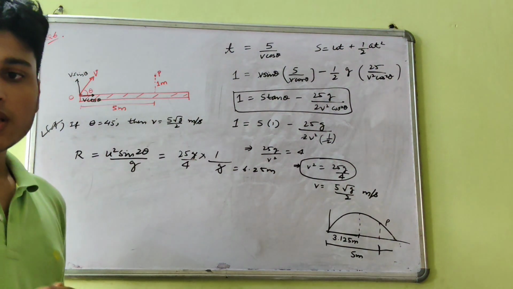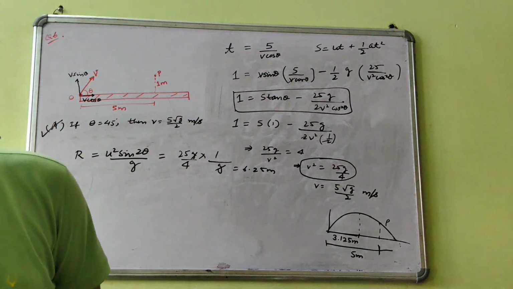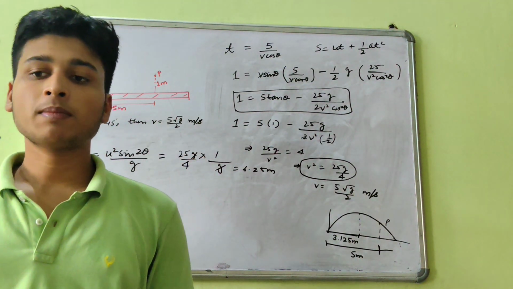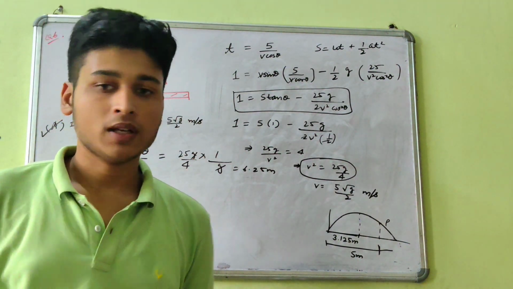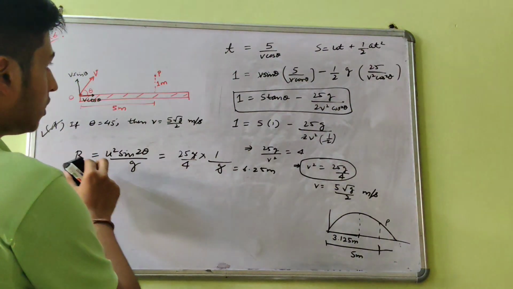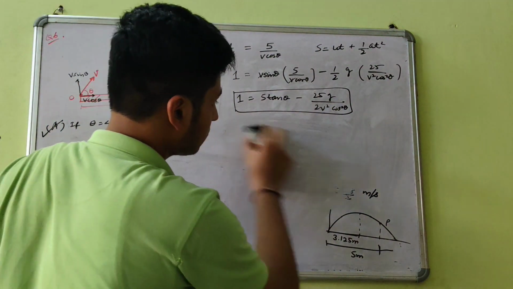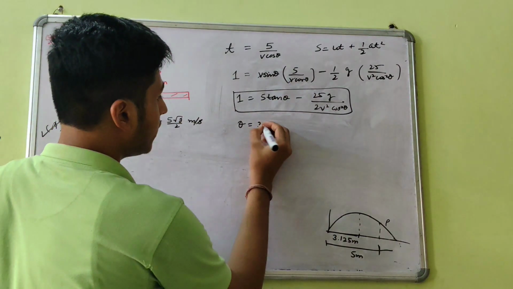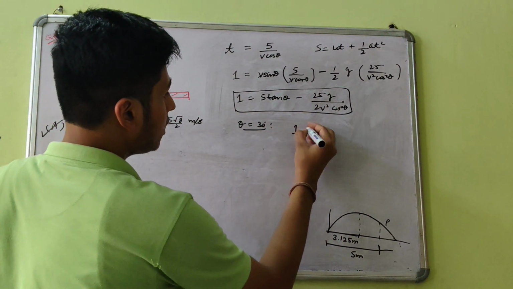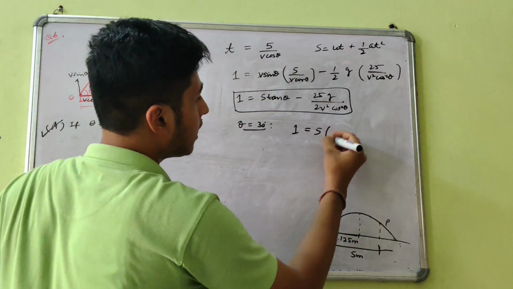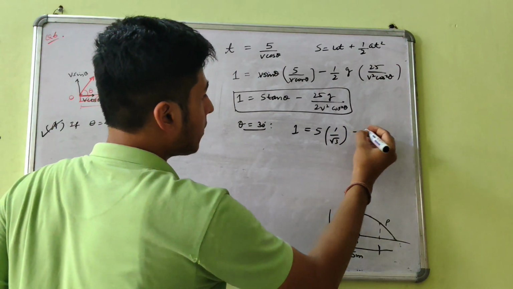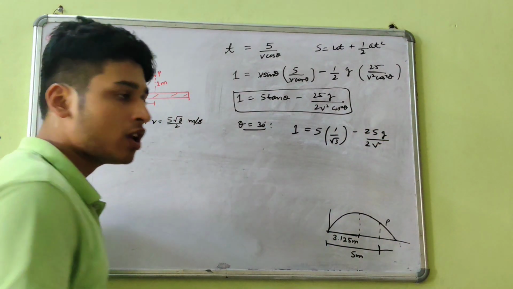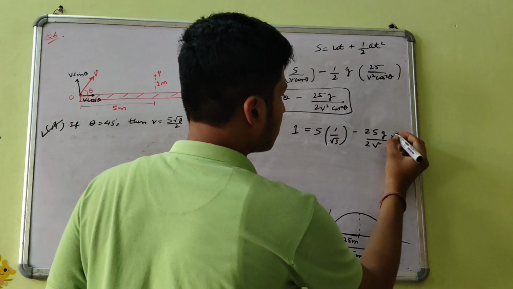Now let's see option C. Option C is similar. It says that if theta is 30 degree, then the particle reaches its maximum height after reaching P. So this time theta is 30 degree. 1 equals 5 tan 30. Tan 30 is 1 by root 3, minus 25g by 2v square. Cos 30 is root 3 by 2, so this will be 3 by 4.